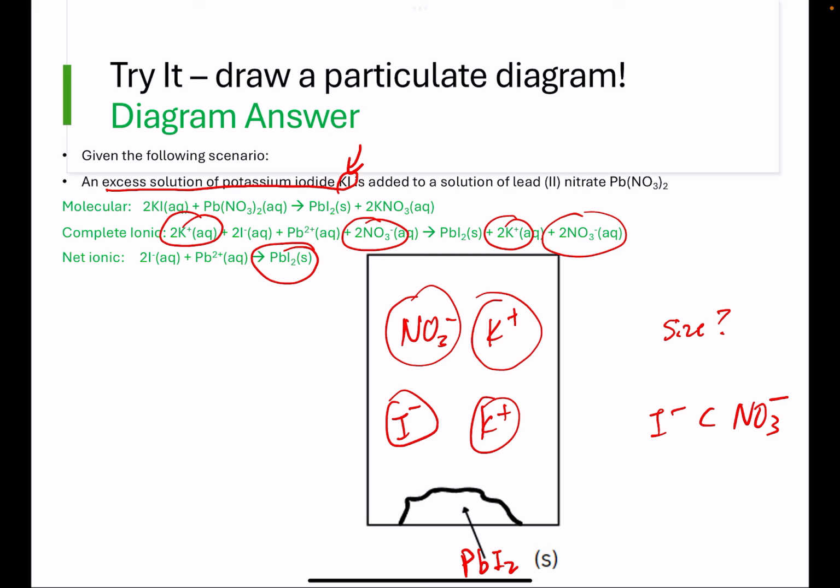Should we have extra left? So 2K, 2K, 2 NO3.